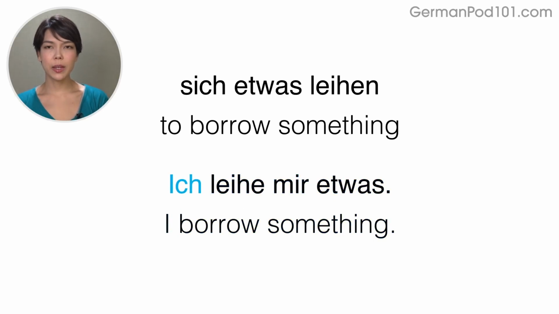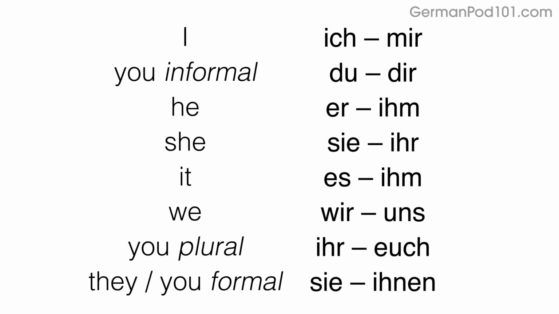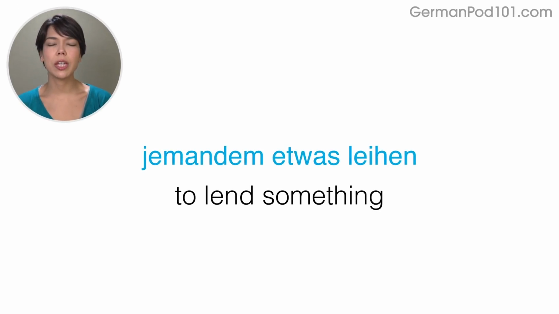Here, the word ich means I and corresponds with mir, literally translating to me. This is the same for all pronouns in German, including you or du, dir, and so on. You can check out a full conjugation chart in the lesson notes. If you want to use the expression jemandem etwas leihen, meaning to lend something, then the subject and the object are not related and you'll be using two different pronouns.